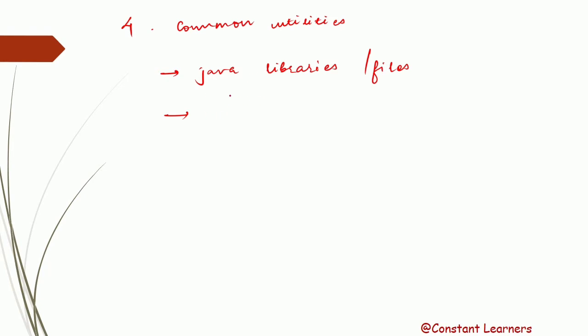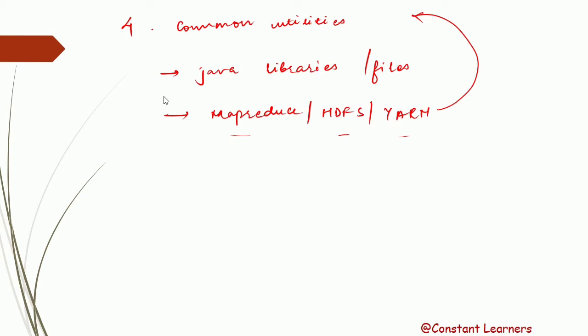So whatever Java libraries or Java files are required by MapReduce functions, HDFS or YARN, they are provided by who? By common utilities. I hope that this concept was clear.